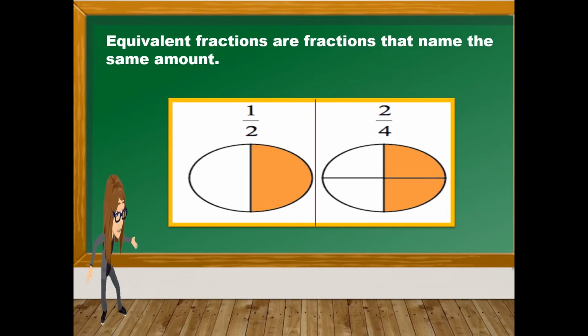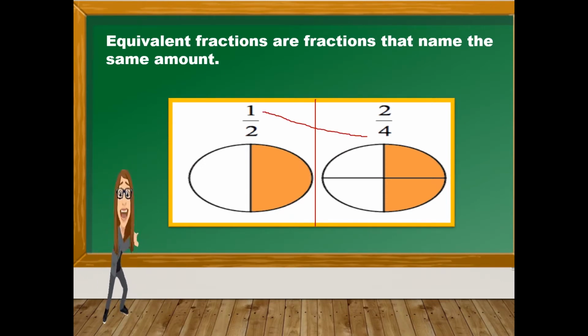There are also other techniques to know if fractions are the same or not. What is that? By means of cross multiplication. We just multiply the numerator by the denominator.